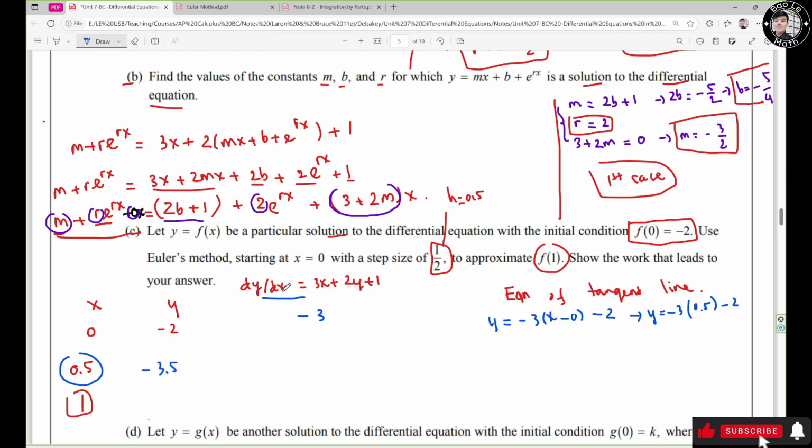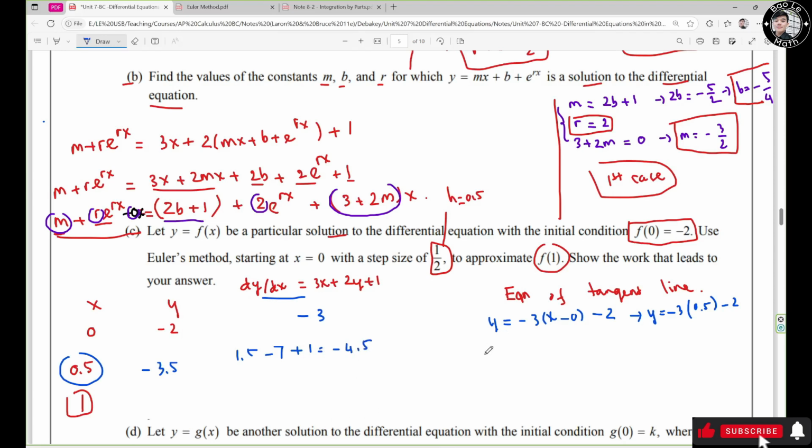Alright, now dy over ds equals 3 times s, it could be 1.5, plus 2y, which means negative 7, plus 1. It's going to be negative 4.5.